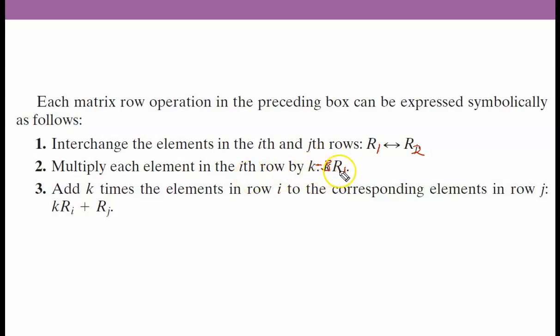And then add that to some other row. So this was row 1 here, multiplying everything by a negative 3 and then adding it to row 2. These are called matrix row operations.